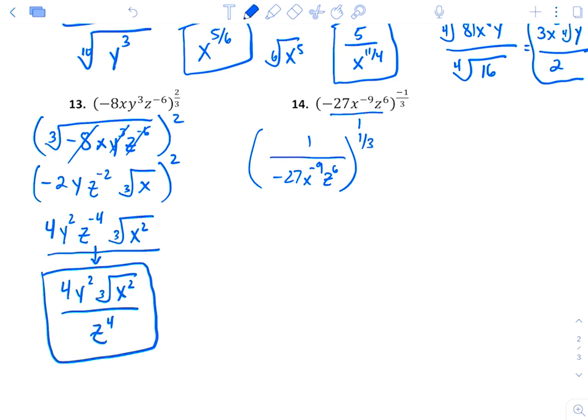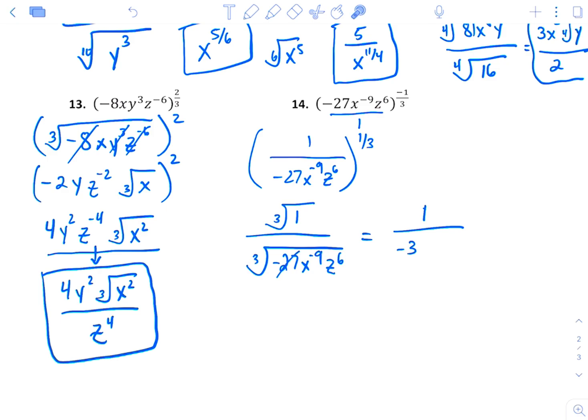Okay. So next I'm going to switch forms. So that means I'm doing the cubed root of 1 over the cubed root of negative 27 x to the negative 9 z to the 6th. So the cubed root of 1 is just 1. Cubed root of negative 27 is going to be negative 3.